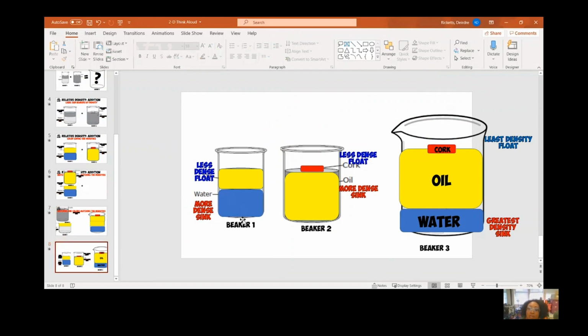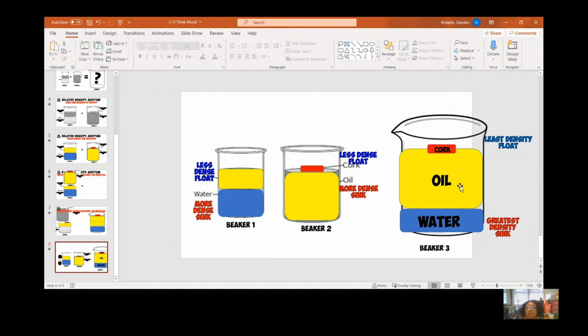So here's beaker 1 with everything, beaker 2 with everything labeled. Here's beaker 3 with the water at the bottom, the cork on the top, and the oil in the middle. Now we've set it in terms of top, middle, and bottom. Let's go back and reinsert our definitions in our vocabulary. The water, which is sinking, has the greatest density. It's on the bottom.